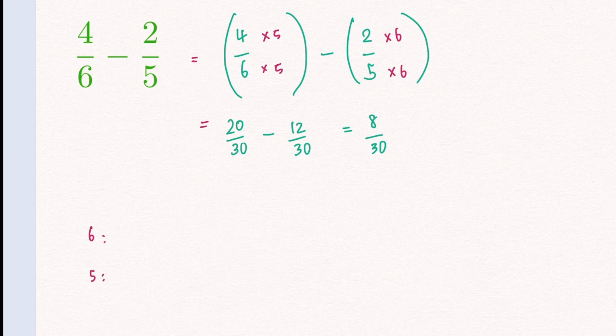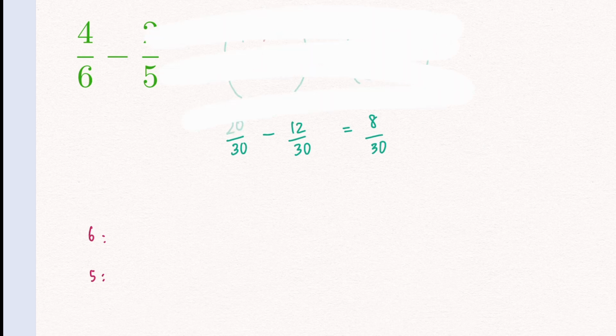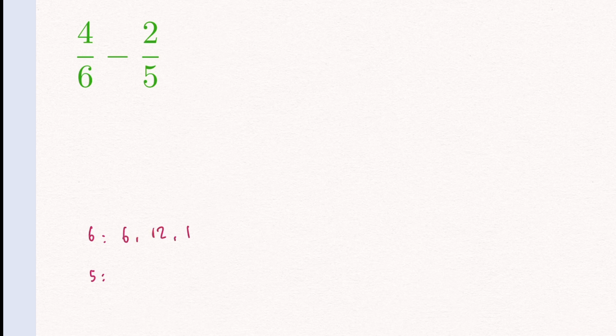Now, if you couldn't think of 30 straight away, then you have to use the method of listing the multiples, which I'm going to show you now. The multiples of 6's are, and it goes on, for the 5's.